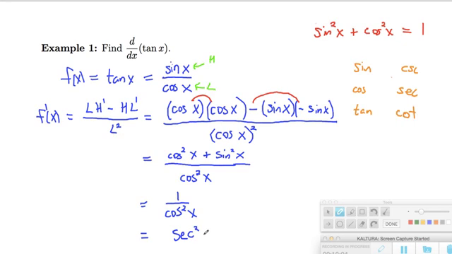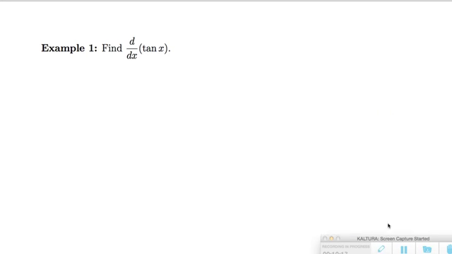So this can be rewritten without a fraction as secant squared of x. So what we found here is that the derivative of tangent is secant squared of x.